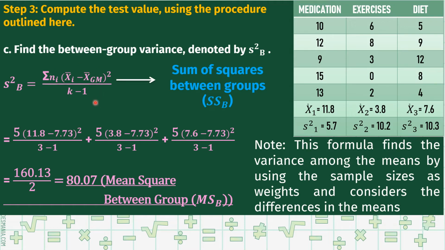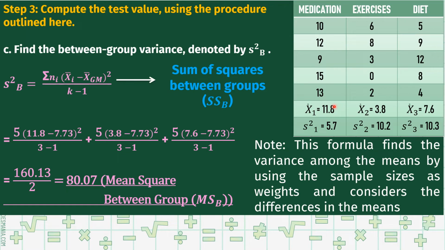So this numerator is also called the sum of squares between groups, denoted by SS sub B. So by substituting, we have 5 here. And if you are wondering why it became 5, it is because in every group, we have 5 individuals. So 5 multiplied by x sub i, so the first group.